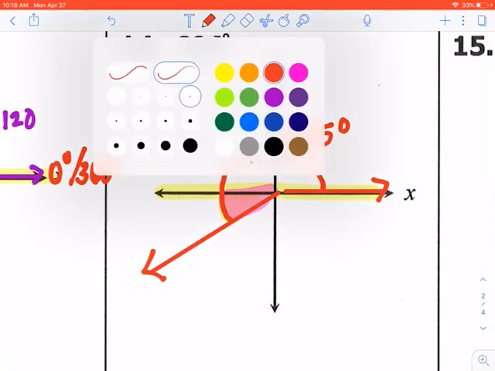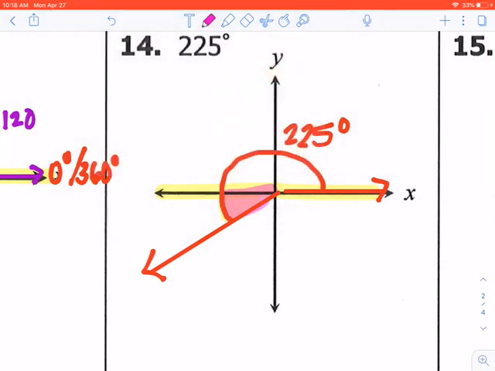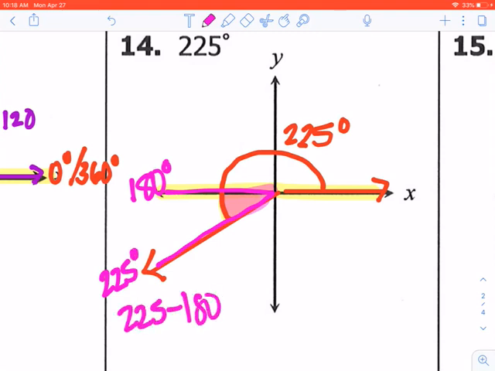Well, this x-axis is at the 180 degrees. If this whole thing goes to 225 degrees, I can say, okay, 225 minus 180, and I get 45 degrees. This little piece after the 180 is 45. And this is my reference angle, 45 degrees.